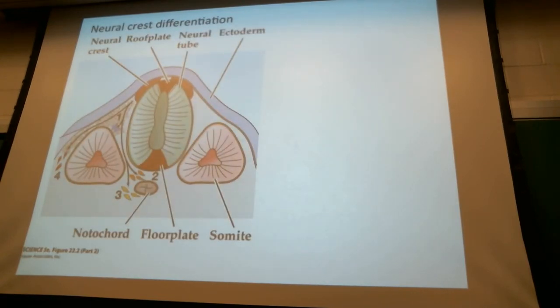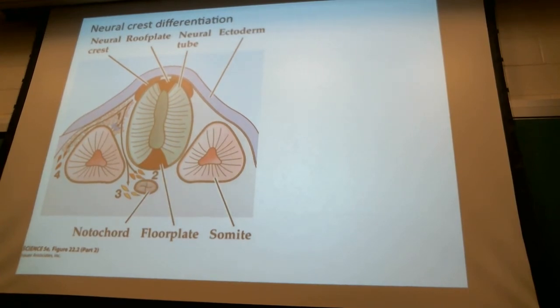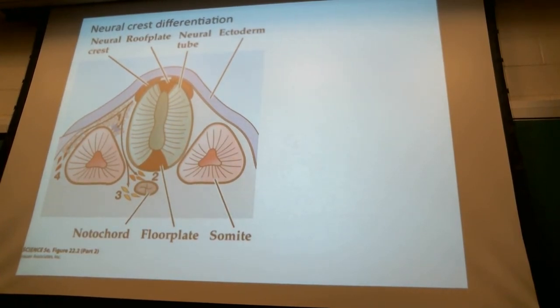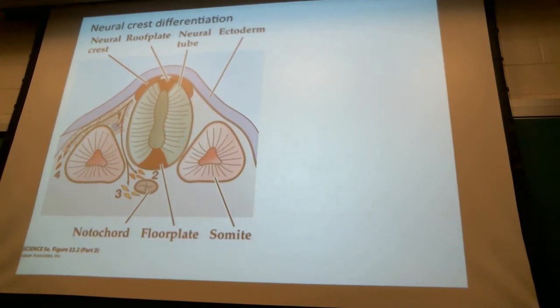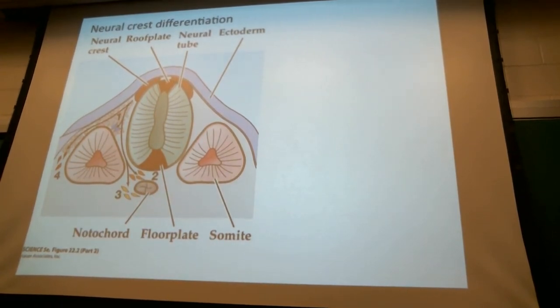So the neural crest is here, and this part of the structure creates neurons like sympathetic neurons, parasympathetic neurons, autonomic neurons, and also the adrenal gland. So those are going pretty far away from the central generating part. So they have to migrate.